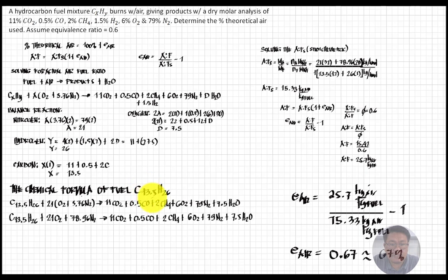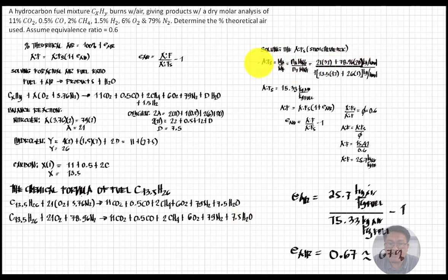That will be C13.5H26. Then writing the combustion chemical equation, finally we have C13.5H26 plus 21O2, 78.96N2, that will be your air and fuel. Okay, and we have your products of combustion. Since we got the value of d, that will be completed already.